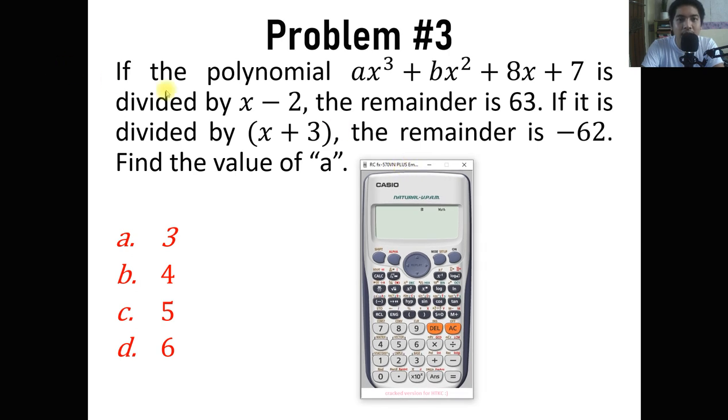We have a polynomial given in this form, and if we divide it by x minus 2, according to the problem, the remainder is 63. Meaning, if we substitute the value of x equals 2 in the polynomial, the remainder should be 63.